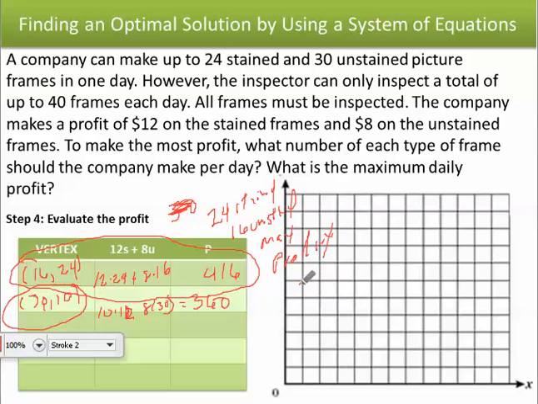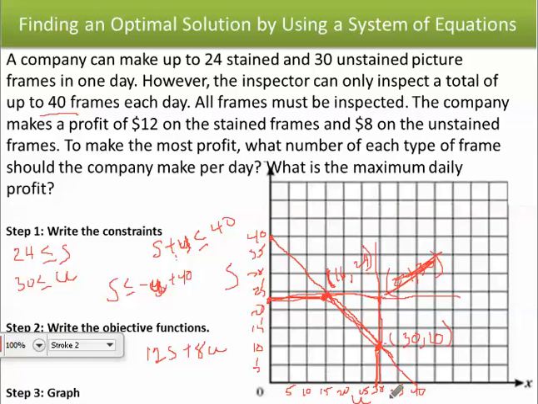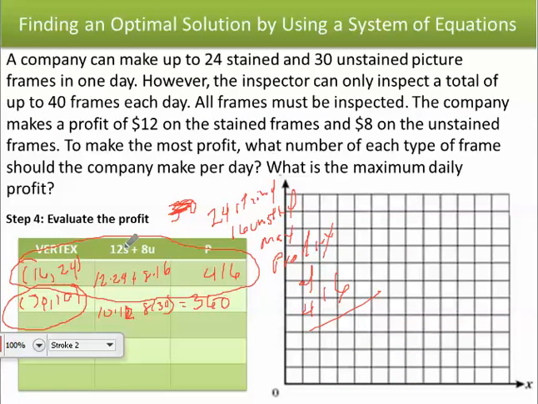Okay, now what you have to recognize that's going on here is I graphed it with stained and unstained this way, and the way this is written here, stained and unstained, it's not x and y, it's y and x. So this is a right equation.